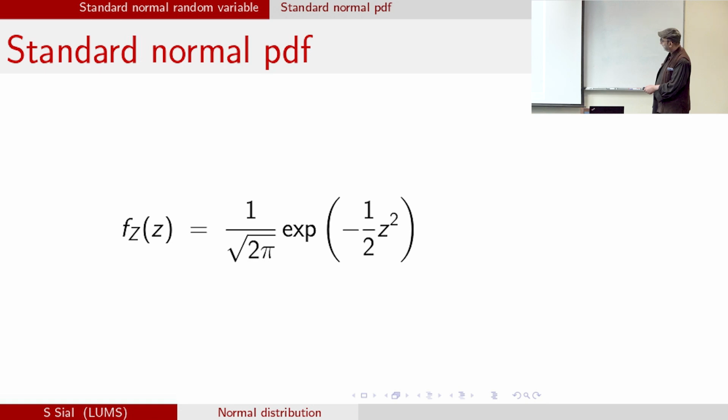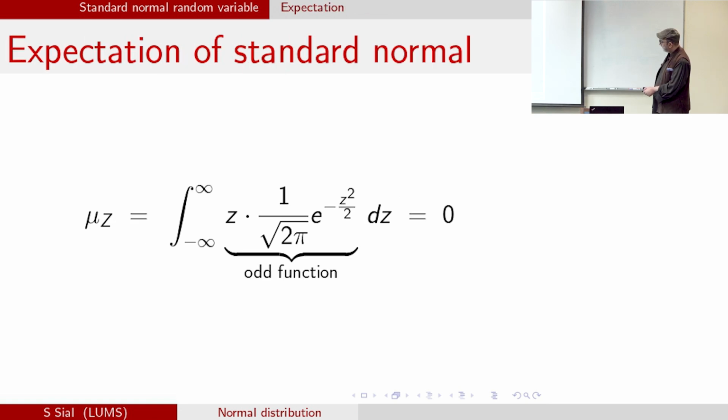Then you're multiplying it by z, which is an odd function. So overall, the integrand is an odd function, and you're integrating an odd function over a symmetric interval, so it's going to integrate to 0. We could do a substitution and work this out, but we can just see it right away without doing any integration.